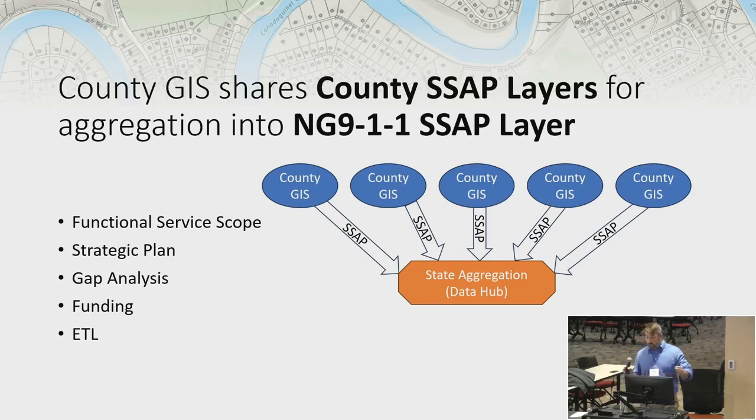What's the functional gap between those two systems? What does the data do that can work in the new system, and what doesn't the data do that the new system needs it to do? So what kind of remediation work do we need to do to get that data up to the next functional standard? We want to use this single address point layer for multiple solutions.